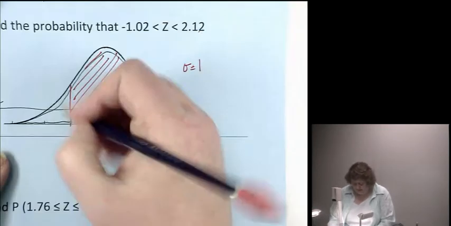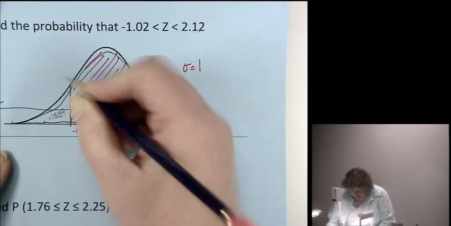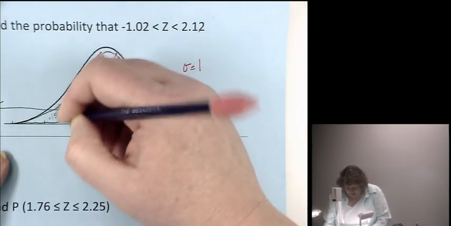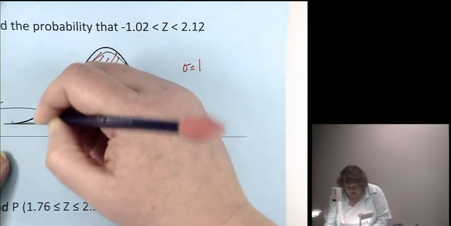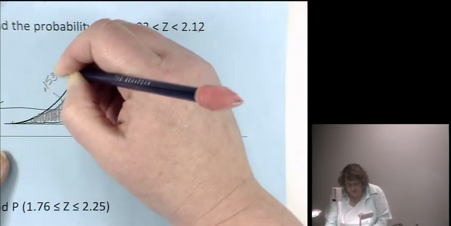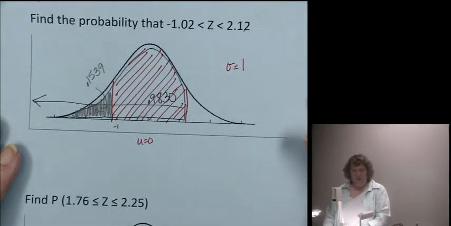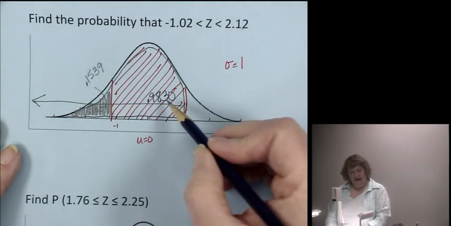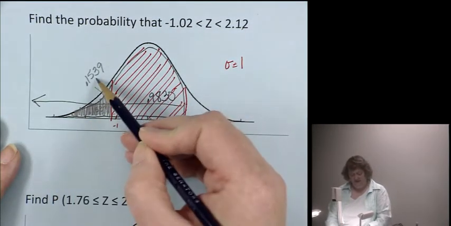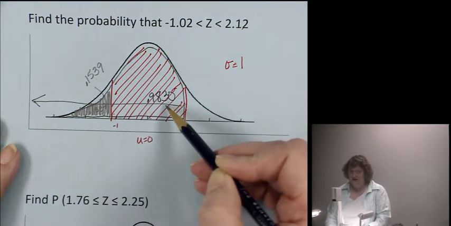Now, this is going to give me, I'm going to mark it out in this pencil here, that little bitty tail there. Well, I don't want any of that tail. So the 9830 gave me from here all the way back. This 1539 gave me just the tail. But I still want just the red area.